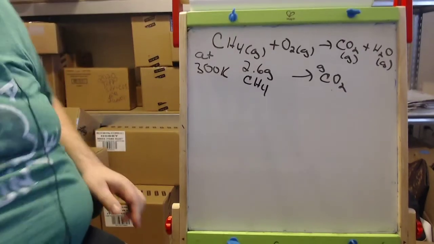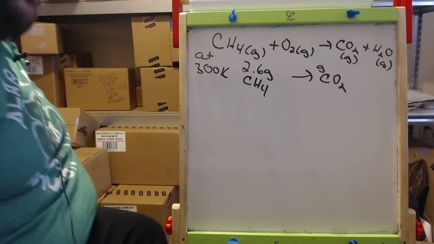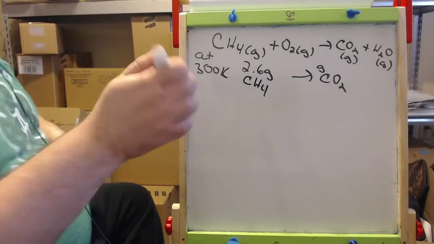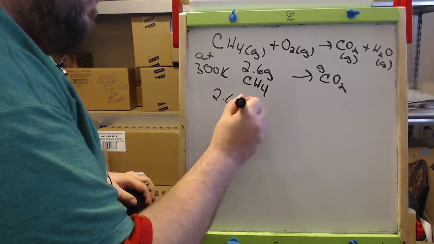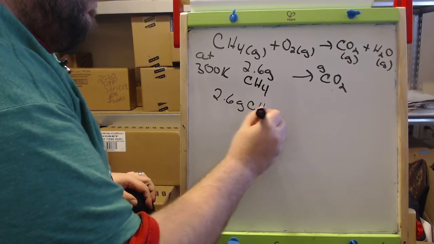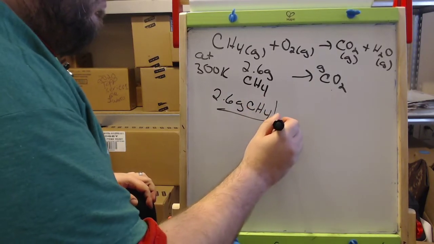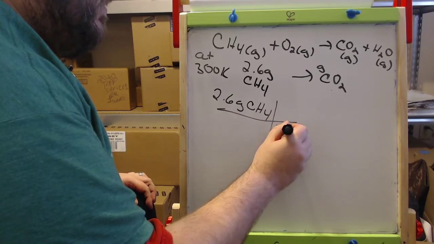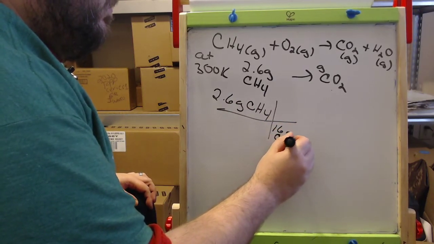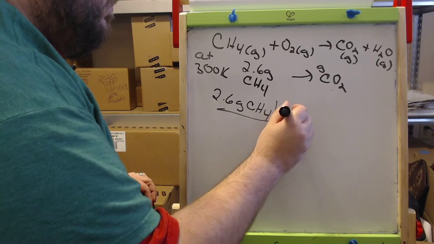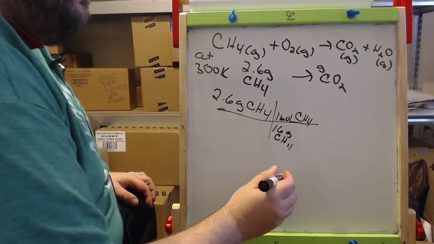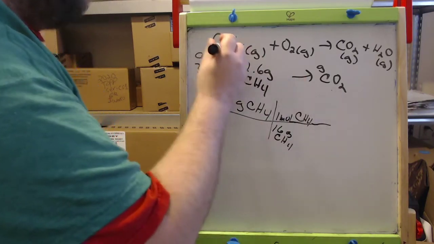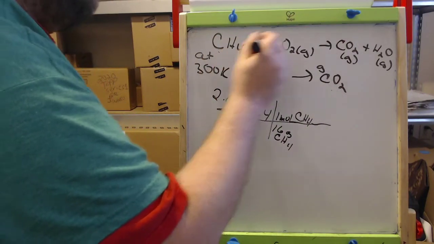All right, so if we look at this problem, we've done these before. Well, I have 2.6 grams of methane. I've got to get to moles, so the molar mass is 16 for methane. Then I've got to use my mole ratio, which means I've got to make sure I'm balanced.